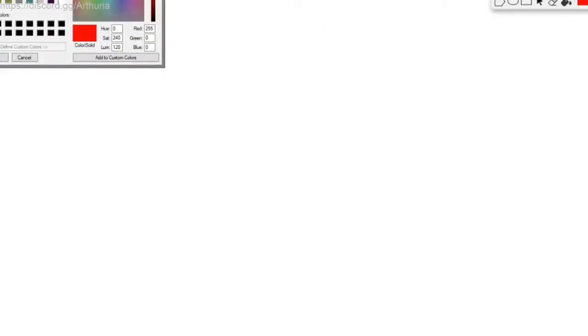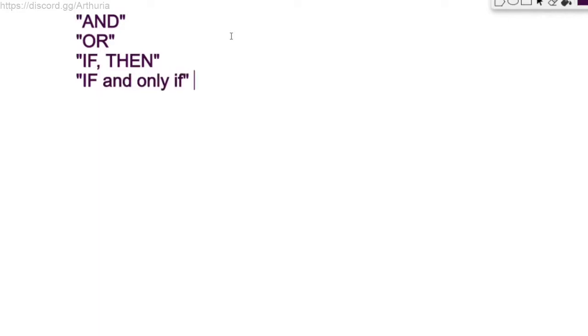Okay, so let's take some typical statements that we have. So we're going to learn the different types of operators. In logic, we have several different operators. I guess because we're using PLBot, we have more. So the cardinal operators are and, we have or, we have if, comma then, we have if and only if, sometimes called IFF.